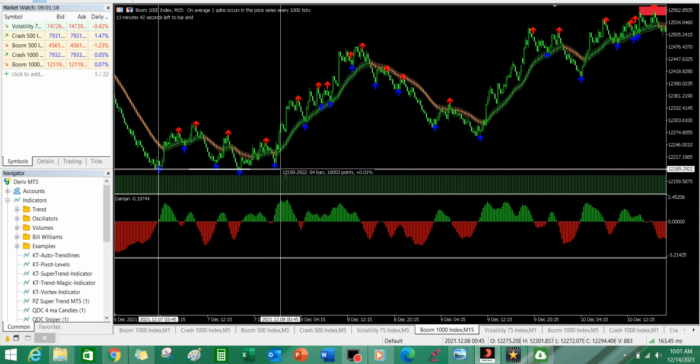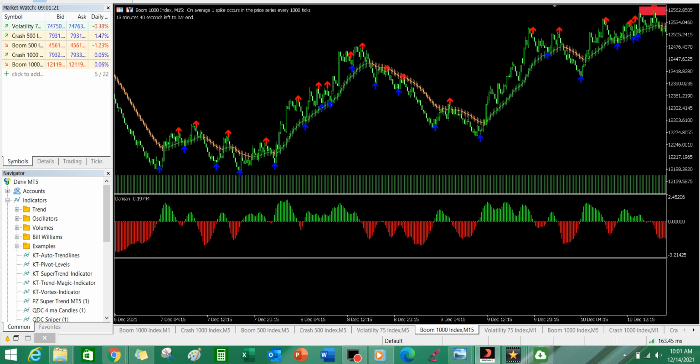Here is another support region, and you can see spikes happening on these spots. So these are some of the things you should look out for whenever you are trading this asset, so as to trade successfully without having any issues. This is very important.